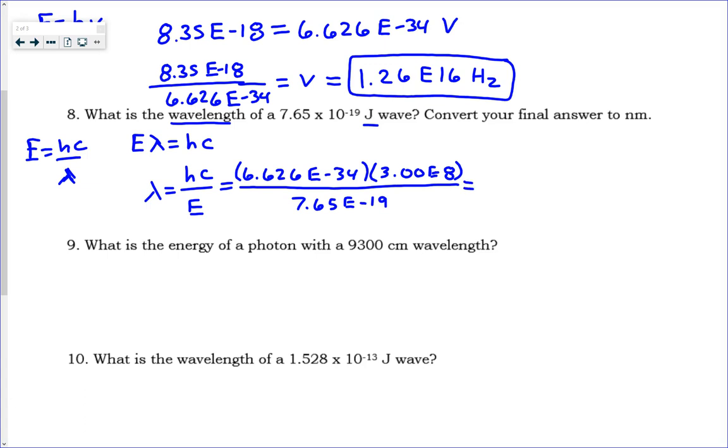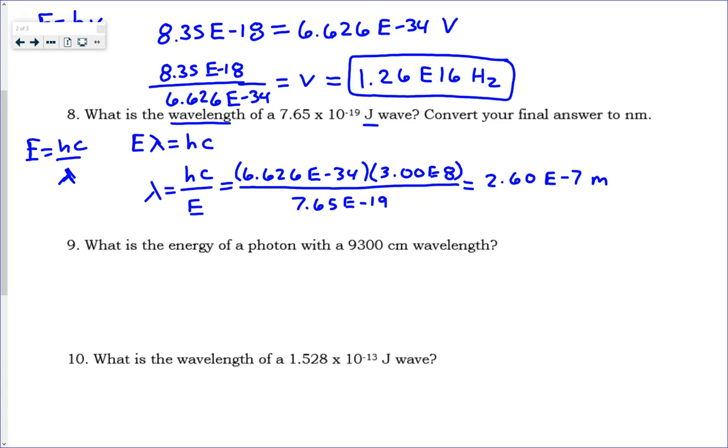And when you put that in, you get 2.60 times 10 to the negative 7th meters. Next, we need to convert it to nanometers. To get it to nanometers, we need to move the decimal place over 7 spots, and we'd be moving it 7 spots over to the right, which means that our exponent goes down by, I think I said 7 spots, I meant 9 spots.